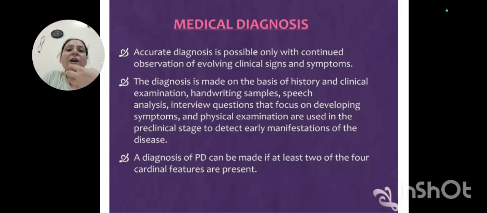So how do we as medical professionals make a diagnosis out of it? We have to go in for a detailed history taking of the person, and once this is done, we go in for a clinical examination. Clinical examination includes speech examination, handwriting examination, interview questions and everything.